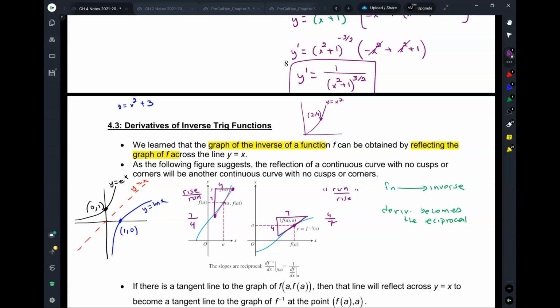What's the slope, what's the derivative there? dy dx is equal to 2x at x equals 2, and at 2 comma 4, that's 2 times 2, 4. But what if you took the inverse? The inverse is root x. The corresponding point now is 4 comma 2.